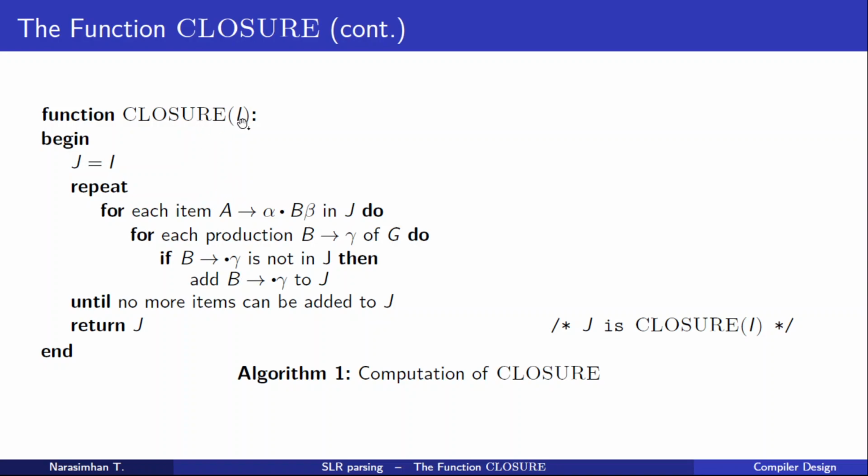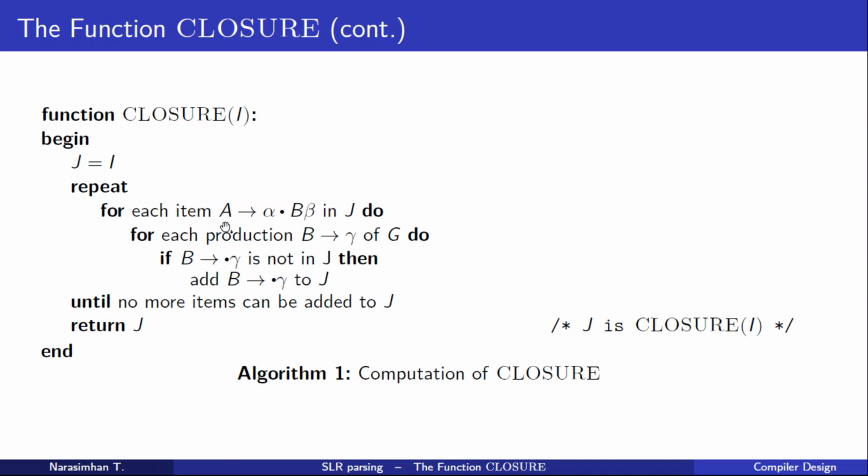So the first step says that every item in I should be part of the closure set. Here we will be using the set J to denote the closure of I. So every item in I should be added to J. Initially you assign the value of I to J. You initialize J with I. Every item in I will be an element of the set J, which is the closure. Now you need to go for the second step. What does the second step say? It is actually a loop, right?